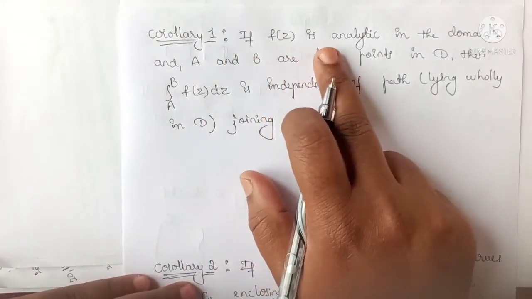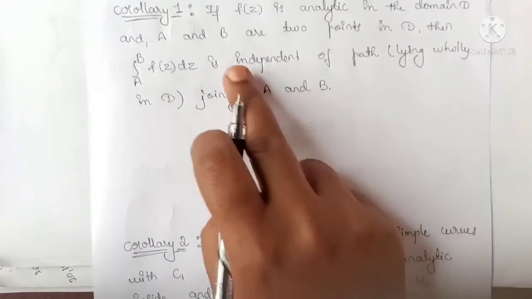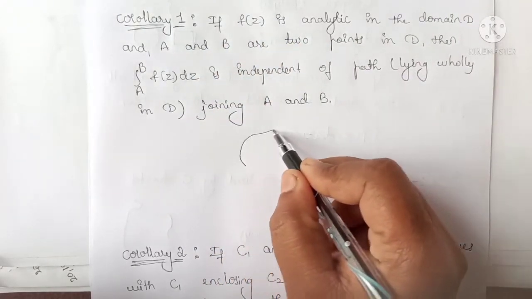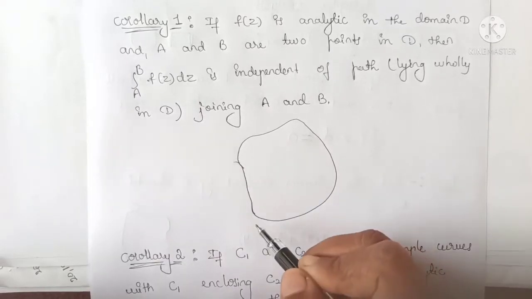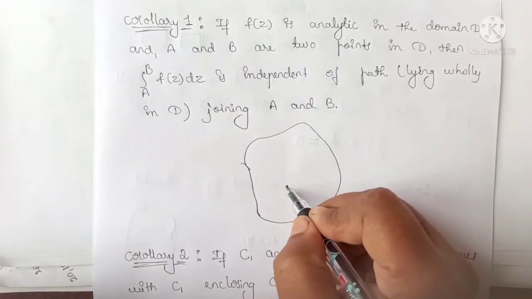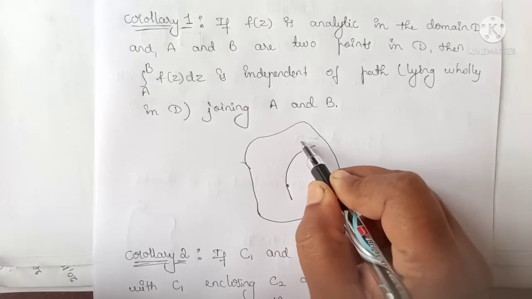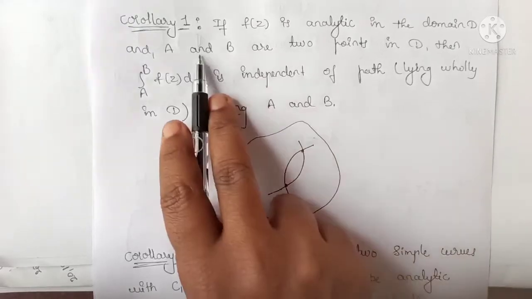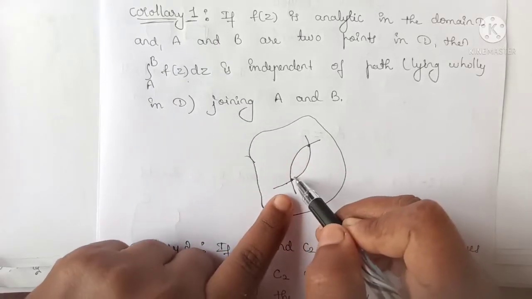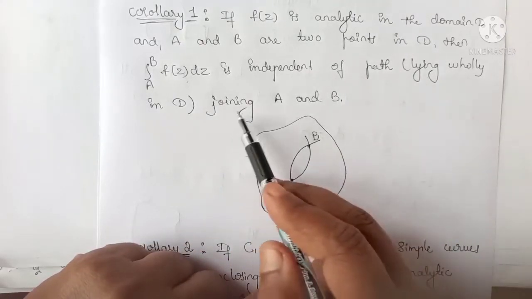Corollary 1: if f(z) is analytic in the domain D and a and b are two points in D, consider any closed domain and any two points a and b within this domain, and we join these two points. Then the integral from a to b of f(z) dz is independent of the path joining a and b.